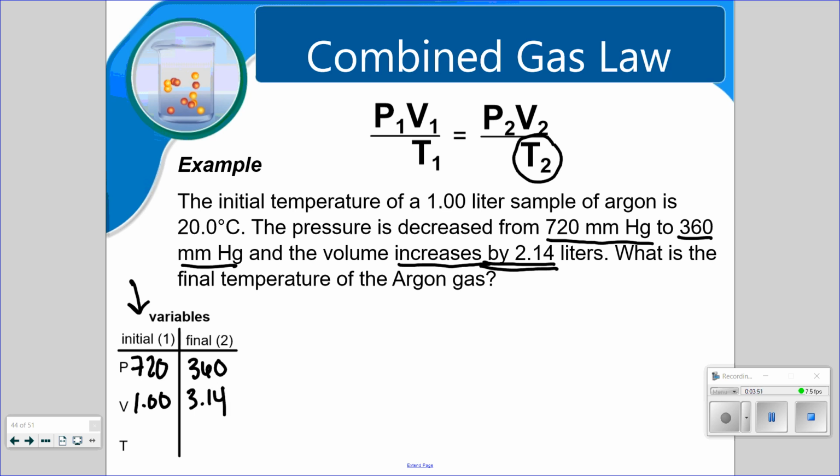My initial temperature was 20 degrees Celsius. When you add 273.15 to that, you get 293.15. And my new temperature is what we're solving for. So I'm going to go ahead and plug that into my equation.